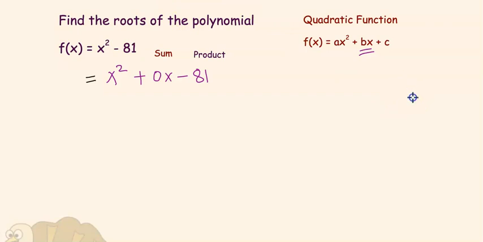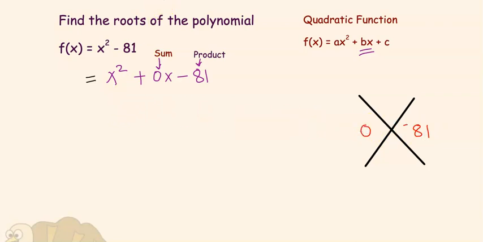So I have my x here, and the sum of the two numbers, what is the sum I have? This is 0, right? 0 is the sum of the two numbers that I'm going to find, and minus 81 is the product. They go here, negative 81 and 0.